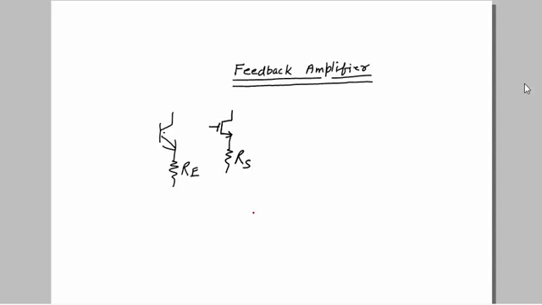Depending upon that, we can have two types of feedback: positive feedback and negative feedback. In positive feedback, the sampled part of the output is added to the input, and in negative feedback, the sampled part of the output is subtracted from the input.